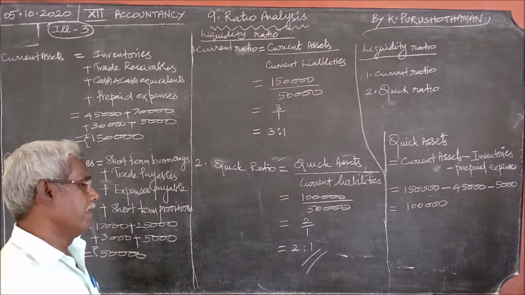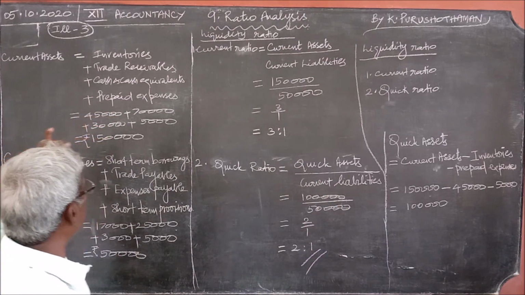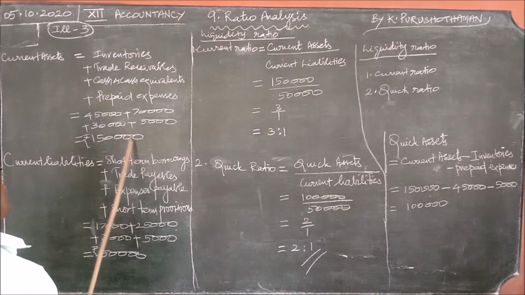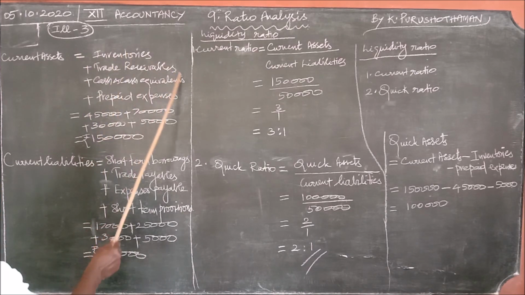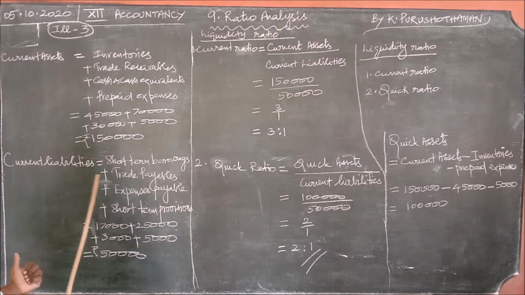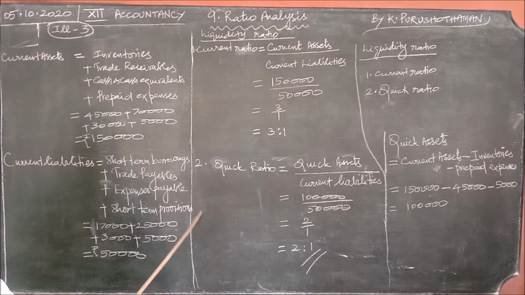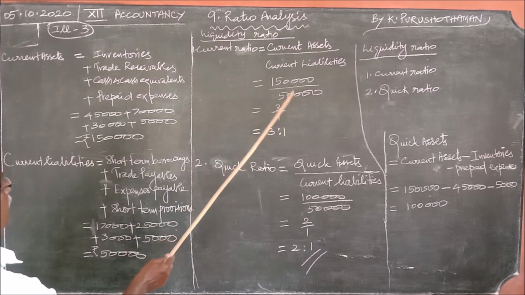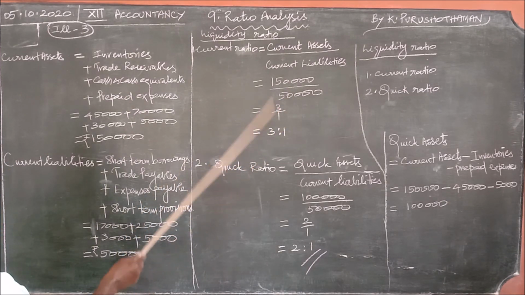We should know what items come under current assets, and what items come under current liabilities. After finding current assets and current liabilities, we can substitute them here.